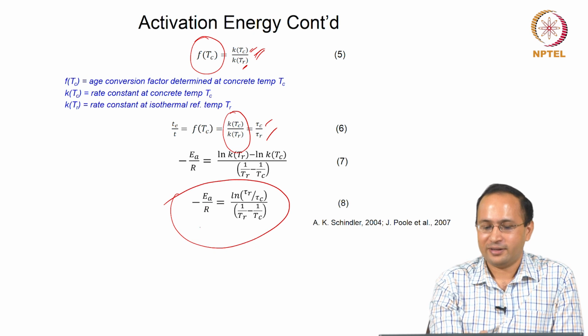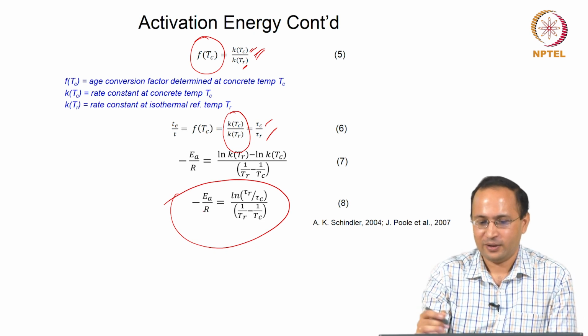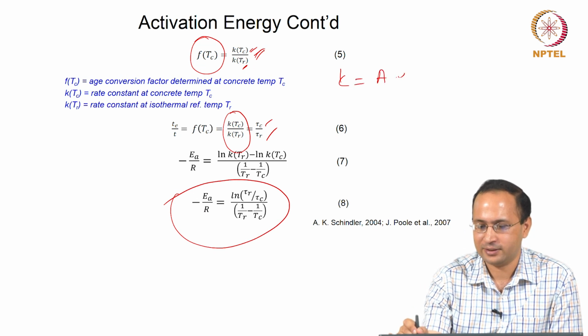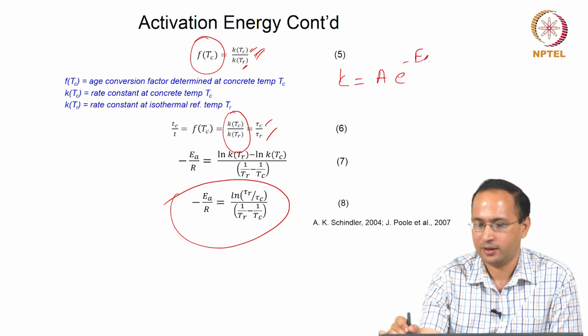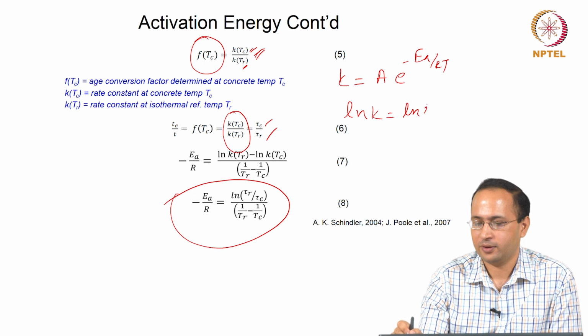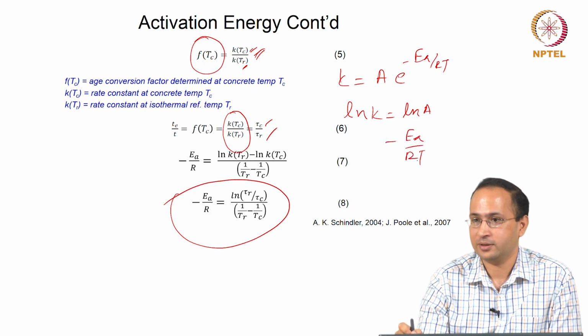where, let me just go back. So, you have this Arrhenius relationship, right, it is clear. Now, if I take log, what I can do? I can get, right, it is clear.